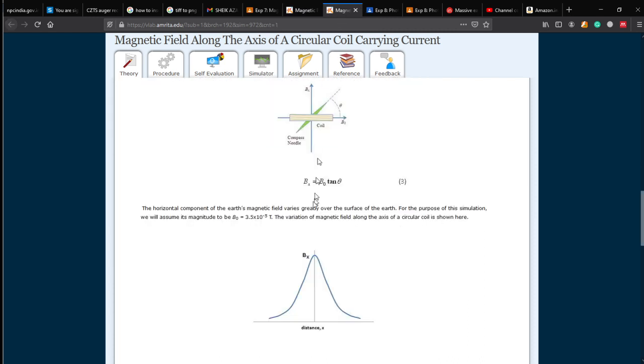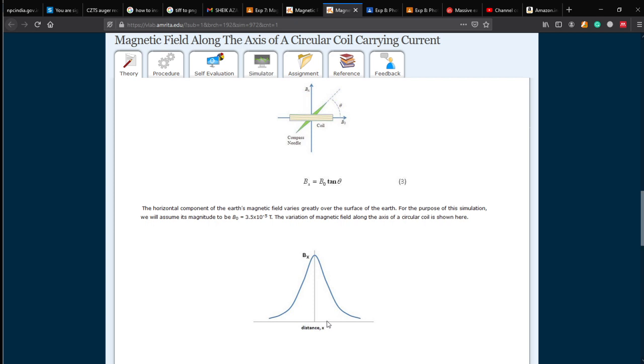Now coming back to this part, whatever the distances are, suppose this is plus 5, this is minus 5, you will get actually the same Bx. For different x, one is positive and another is negative, but the magnitude is the same.